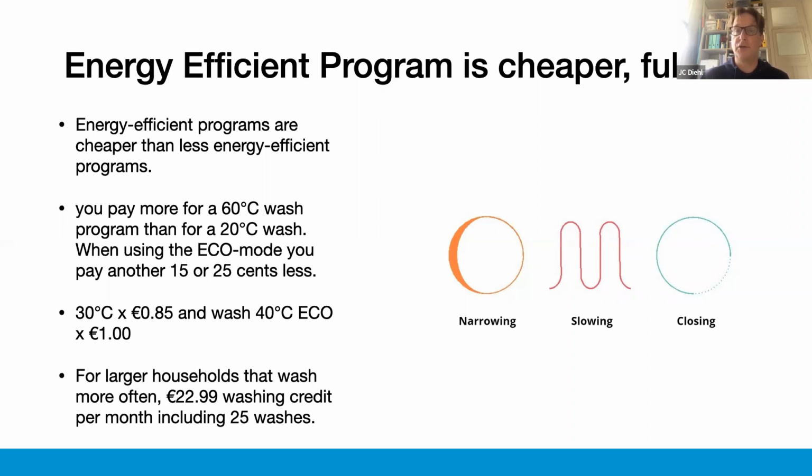Even though you as a consumer are paying the electricity yourself, you get another incentive: if you go for a higher temperature wash cycle, you will pay more per wash cycle to Homey. You see it here, 30 degrees, 85 cents, and 40 degrees will cost you €1. And in the business model, like I said, you will get credits. So a larger household could go for a subscription of around €23, with which you can do, for example, 25 wash cycles on 30 degrees or fewer wash cycles on 40 degrees.